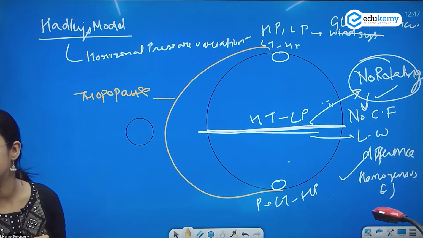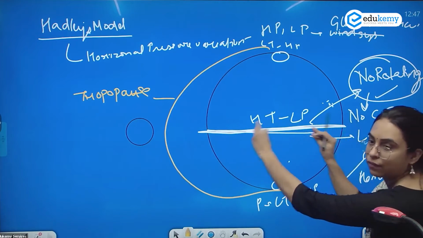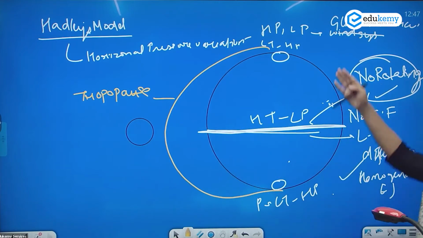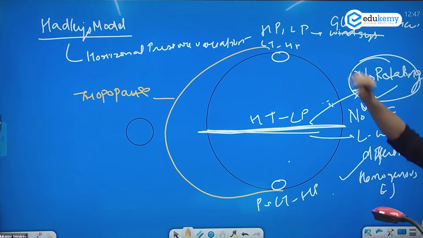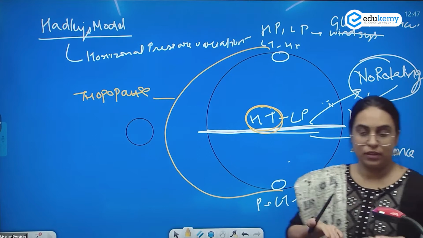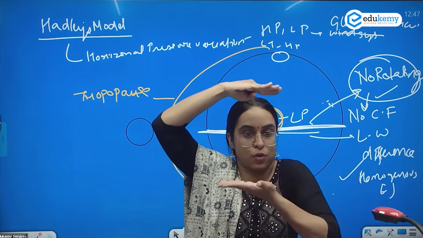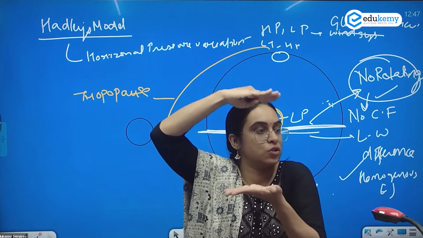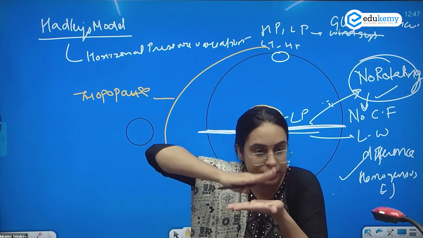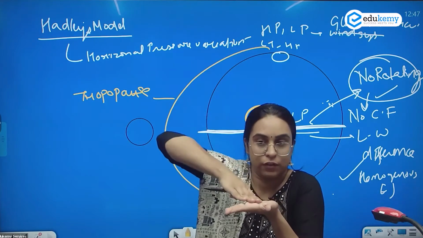So imagine at the equator we have low pressure, and at the pole we have high pressure. At the equator, because there is high temperature, there would be vertical air currents.